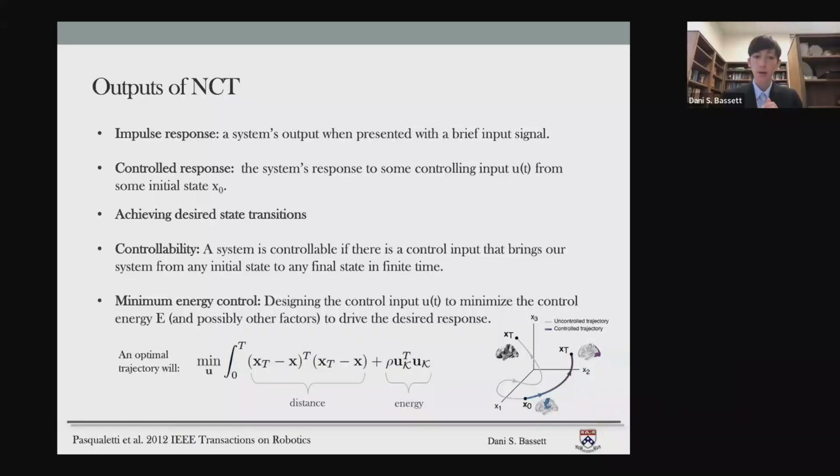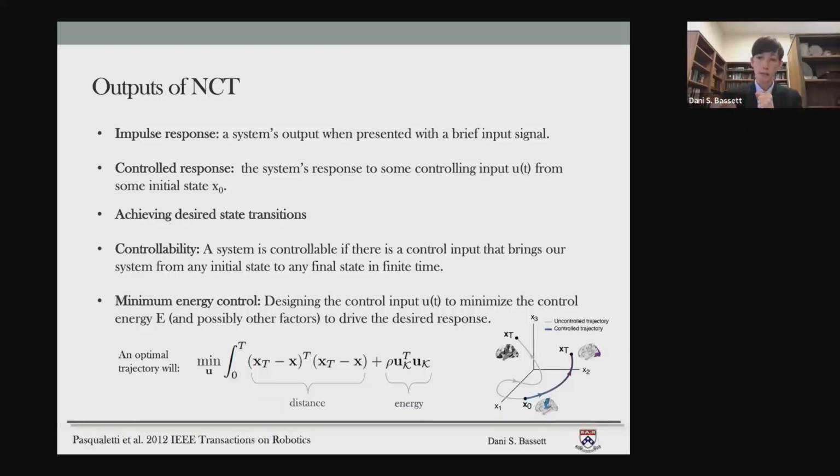Now I want to talk about the minimal energy control. Here is where we would design a control input, U of t, that would minimize the control energy and possibly some other factors to drive a desired response. So we're not asking, can you do anything to drive this desired response, but can you define a control input that minimizes the energy required for that transition?